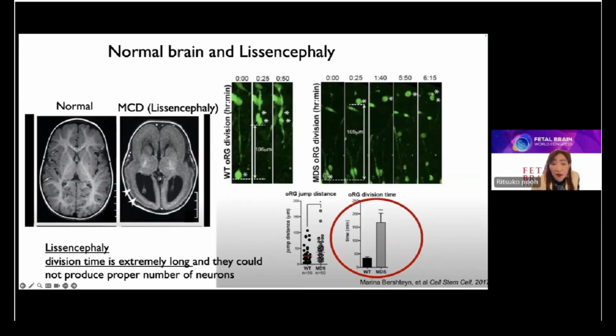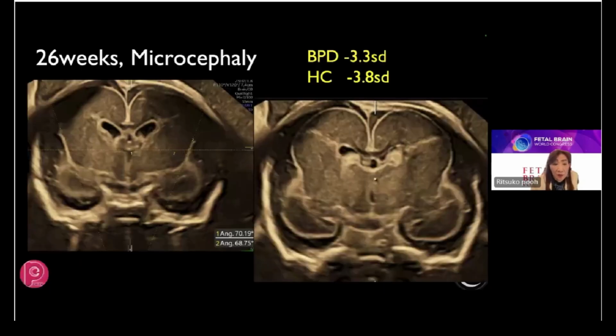However, in the lissencephaly brain, the division time is extremely long, and they could not produce a proper number of neurons, and therefore neurons in the upper cortical layers of the lissencephalic brain are much fewer than in the normal brain.